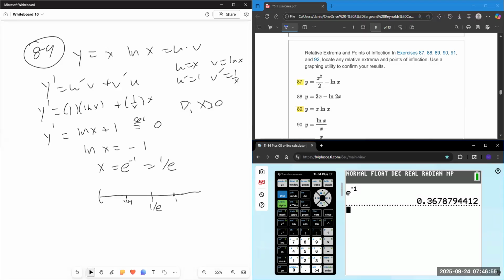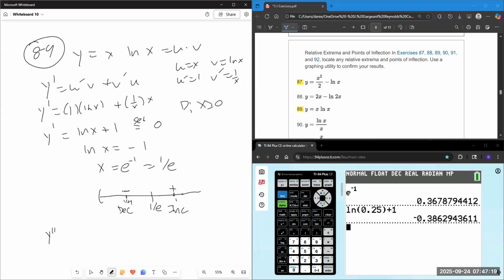So ln of 0.25 plus 1 is a negative value. That makes this part decreasing. Ln of 1 is 0, 0 plus 1 is 1. That's positive and increasing.